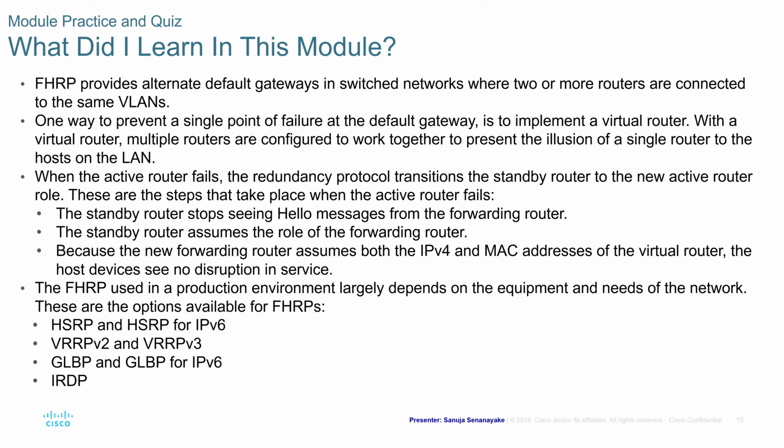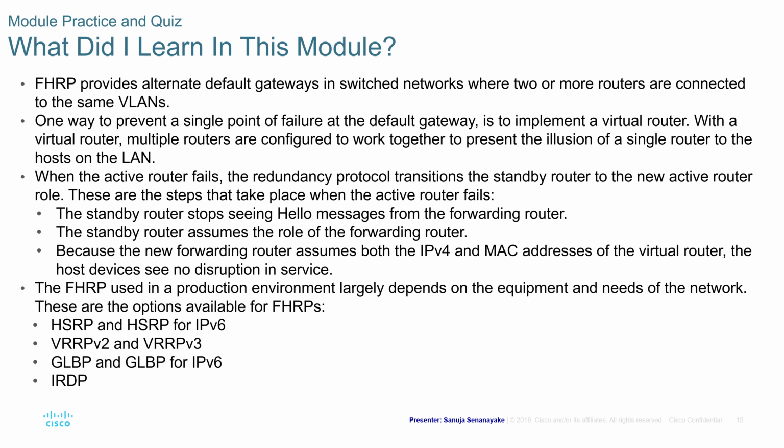We learned one way to prevent a single point of failure at the default gateway is to implement a virtual router. With a virtual router, you could have multiple routers configured to work together to present the illusion of a single router to the hosts on the LAN. This is done by creating that virtual router.